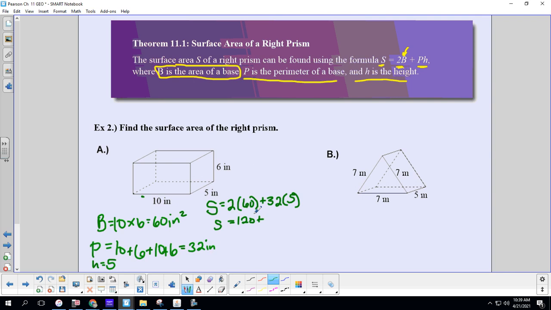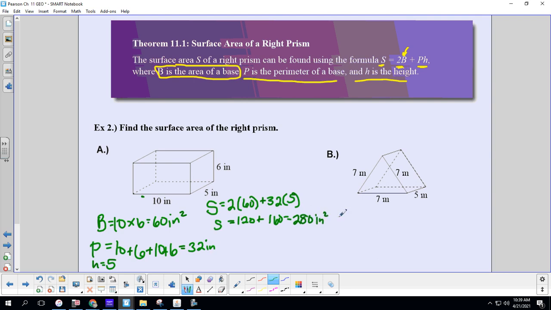Goodness gracious, 32 times 5. We're really challenging us today. 160. And 120 plus 160 is 280. And that is square inches.